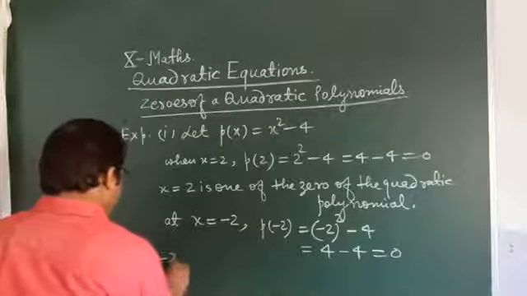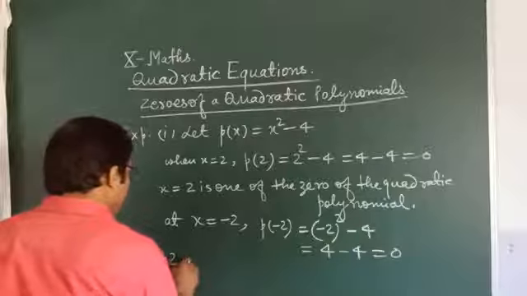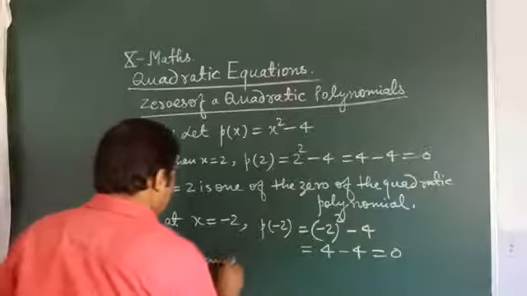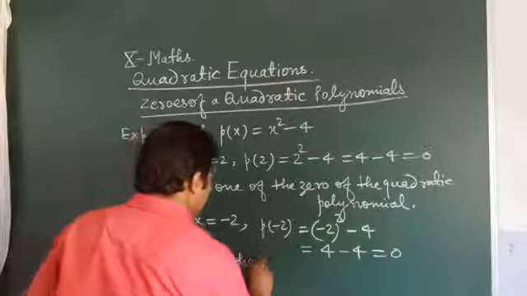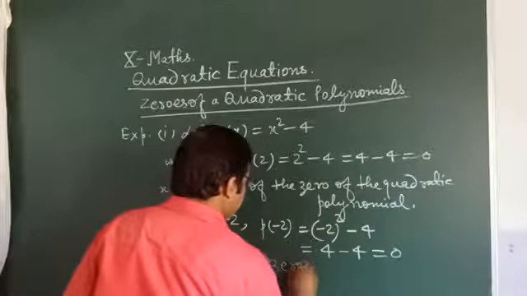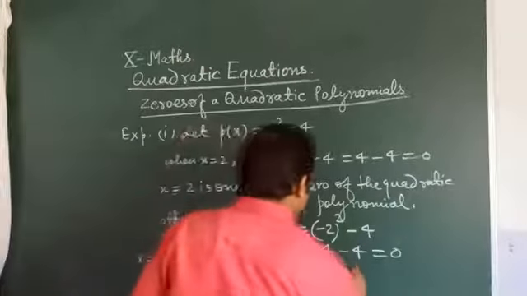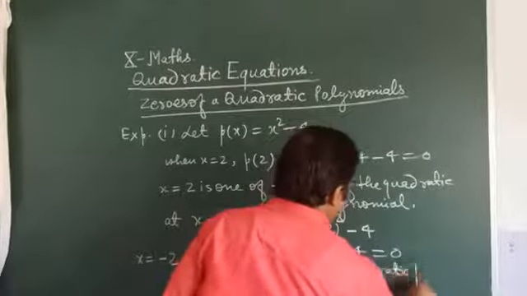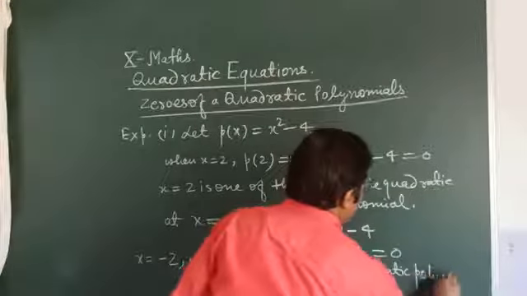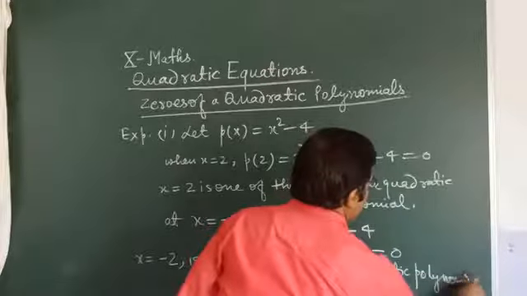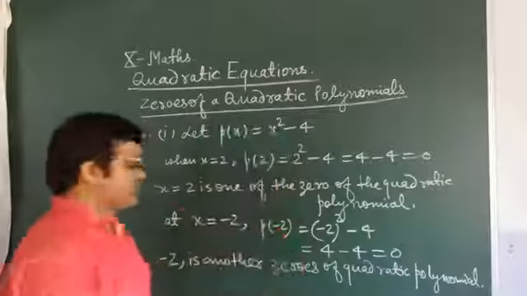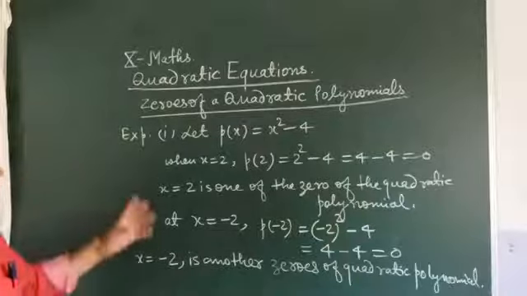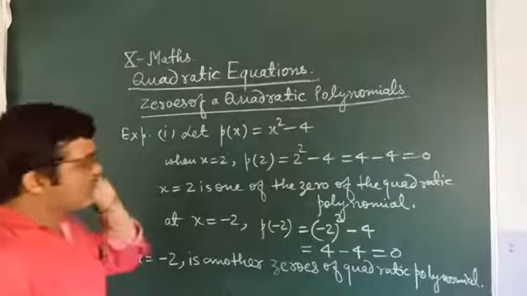So x equal to minus 2 is another zero of the quadratic polynomial x square minus 4.